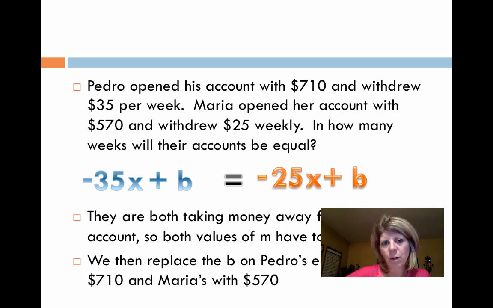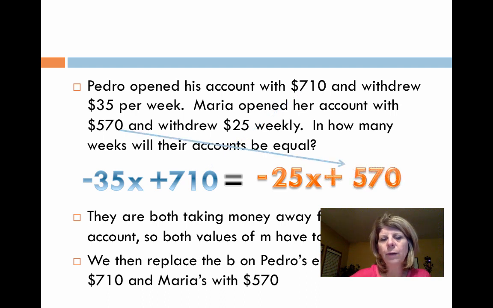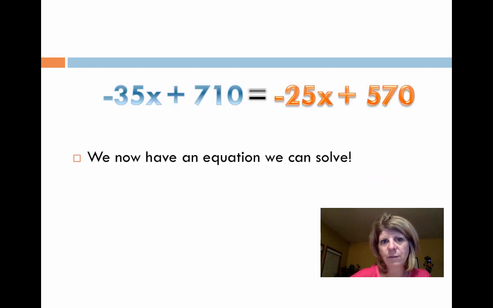The B is, when we graphed it, your y-intercept. That's your initial value. So Pedro started with 710. Maria started with 570. Now, you could have written this 710 minus 35x and 570 minus 25x. Either way is fine. The reason I'm having you write it this way is so it'll make more sense when we start doing some graphing again.